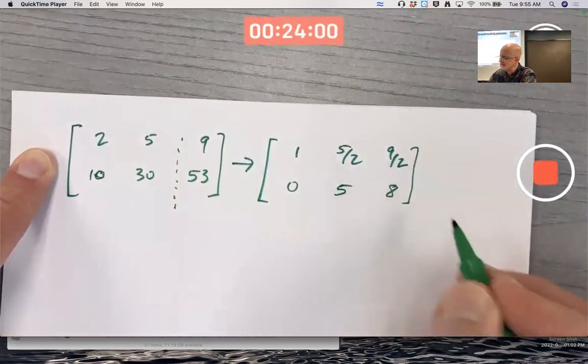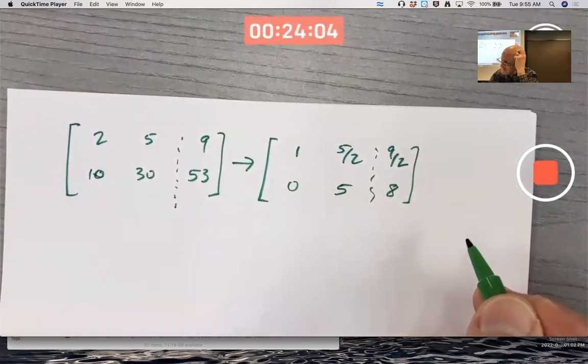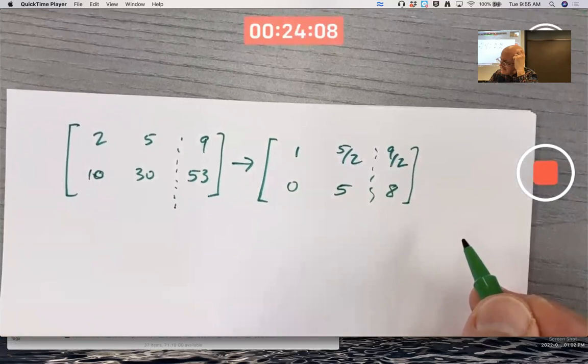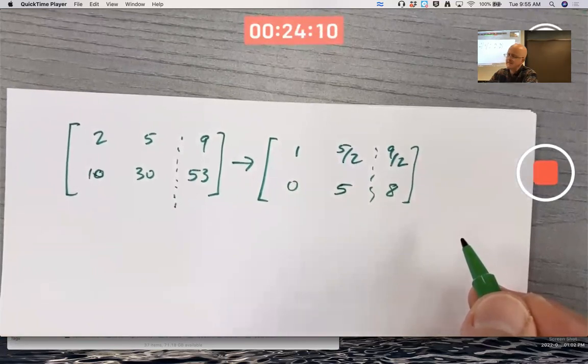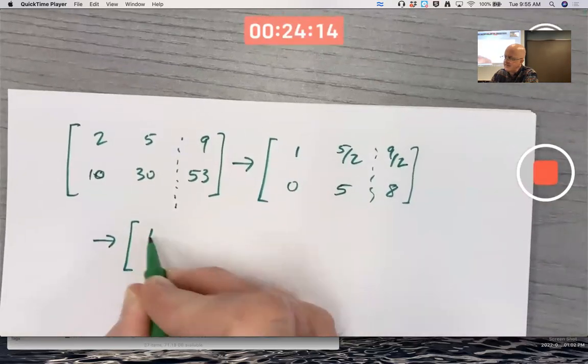Look good? Double check those two. Yeah, I think that's right. Now divide the second row by 5.